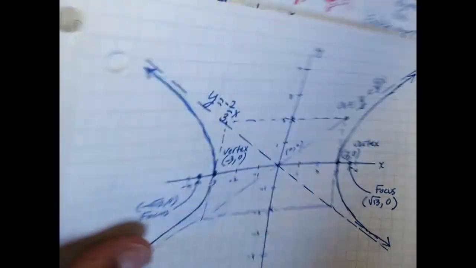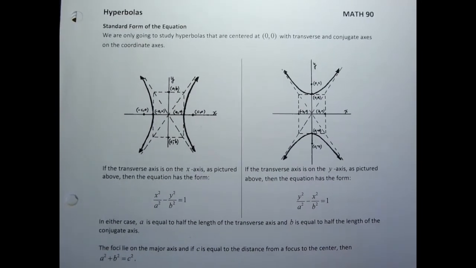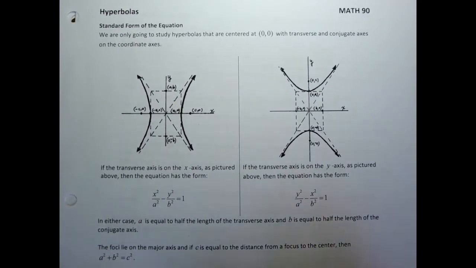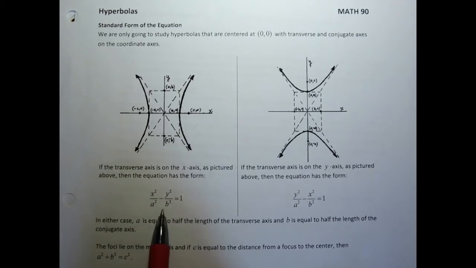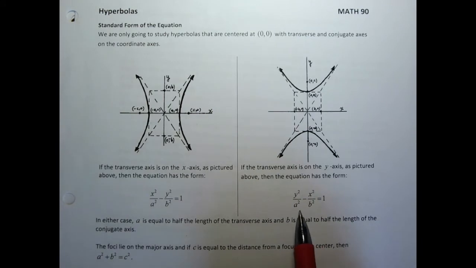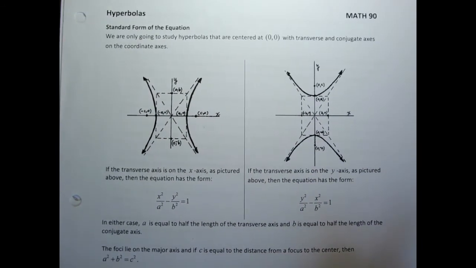And also, before we start another example, I want to go back to these general forms of the equation. Now that we've worked through a problem, I think it's easier to look back at this form: x squared over a squared minus y squared over b squared equals 1, and the reverse, and talk about how you can recognize right from the beginning whether you're going to have intercepts on the x-axis or the y-axis.